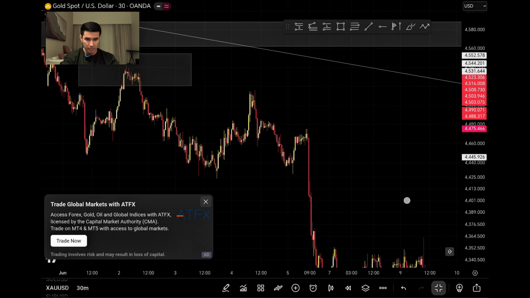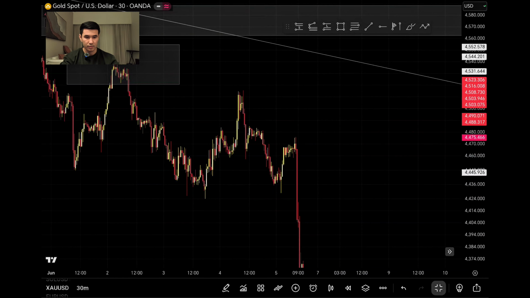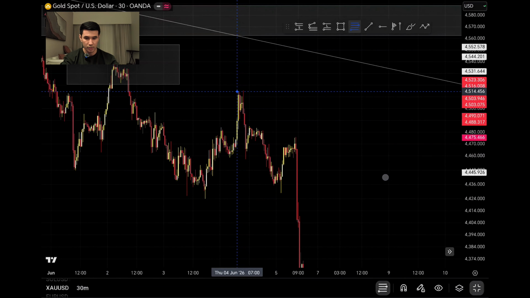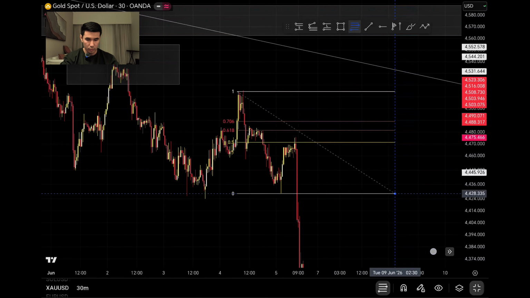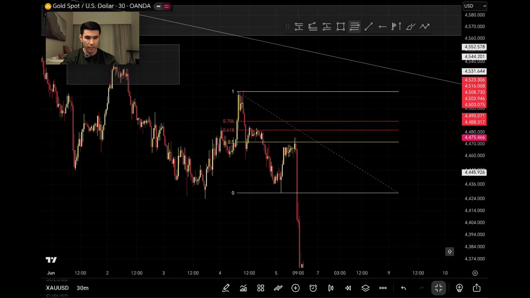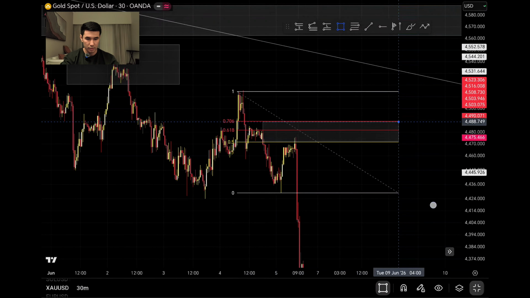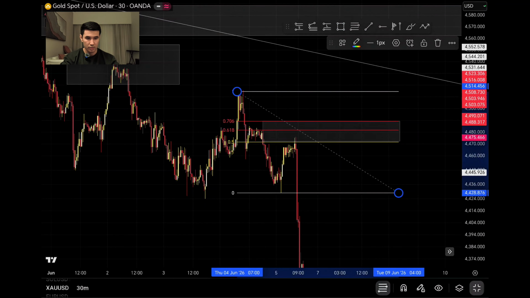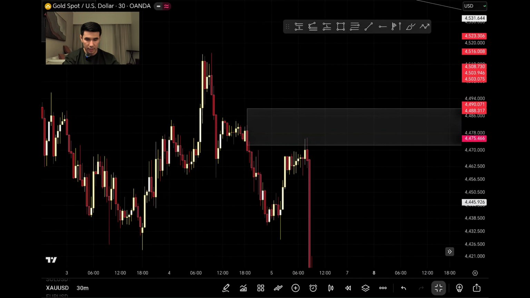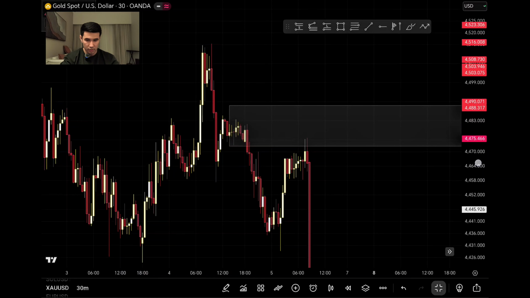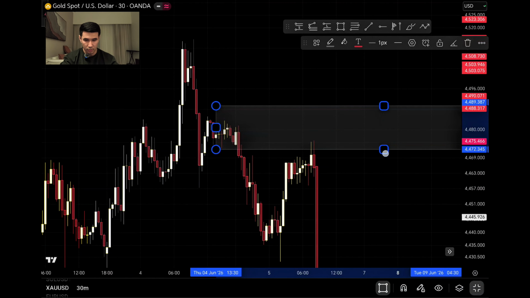Okay, and what else we got? Let's see how about here. Earlier we see from the top to below, and you will just mark this Fibonacci golden zone. When you mark the Fibonacci golden zone, here you can see the order block.